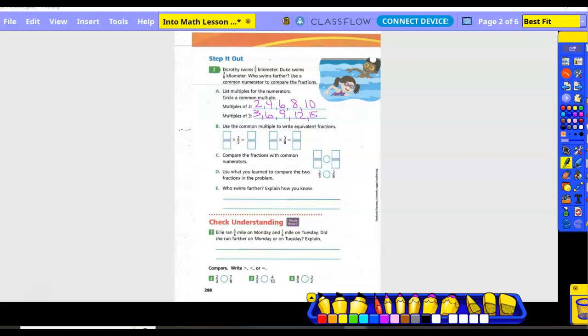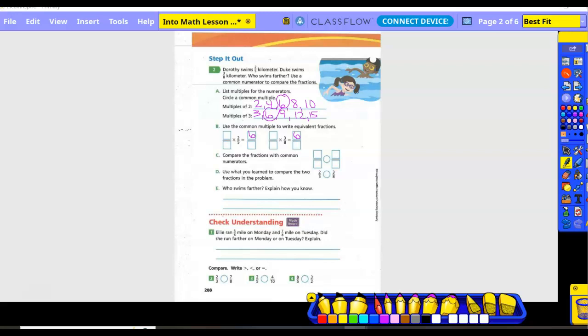Okay, which one? What's my least common multiple? 6. Right? Okay, so they said they want 6 in the numerator spot. Is that on the top or the bottom? Top. So I'm going to put 6 for my new fraction, right?